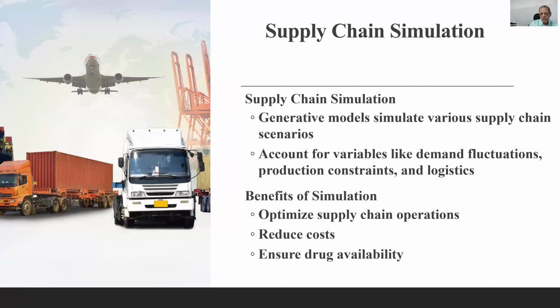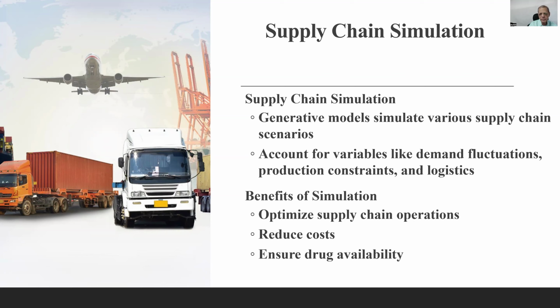Supply chain simulation is very important because generative models can simulate various scenarios in the market. It could be market spikes, or problems in material supply, or challenges like equipment failures, anything. There could be a number of such probable causes. Supply chain simulation can really help to overcome those scenarios and take the necessary corrective action.